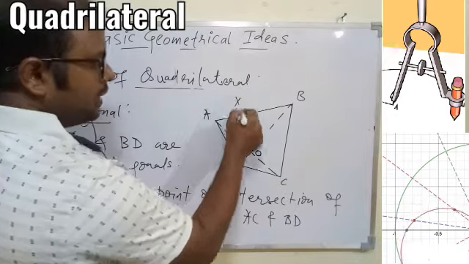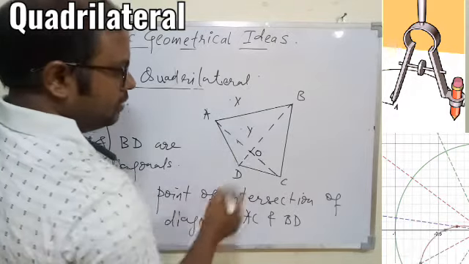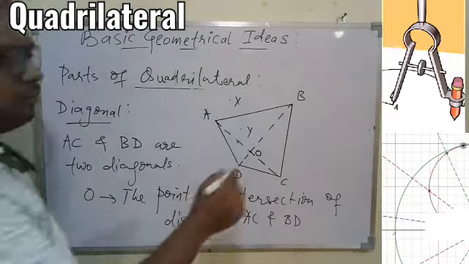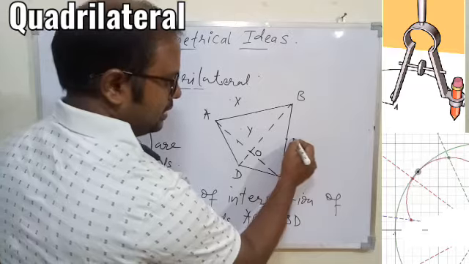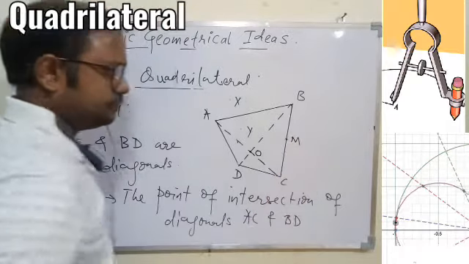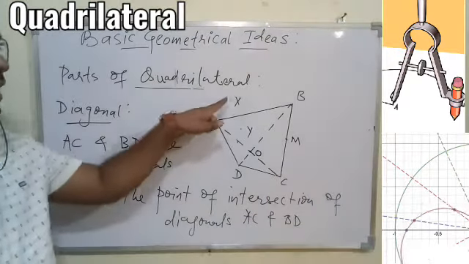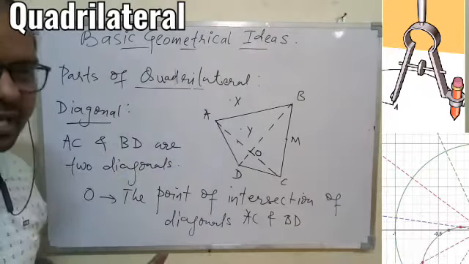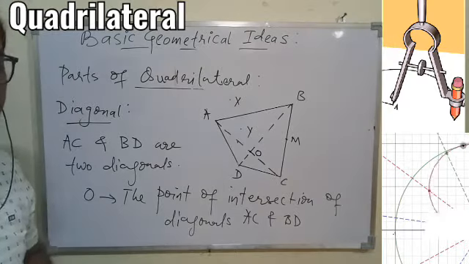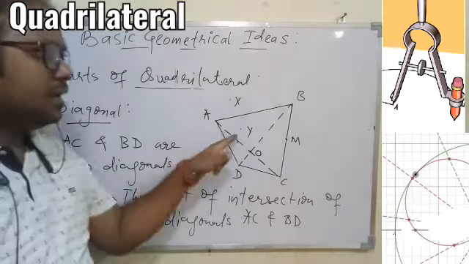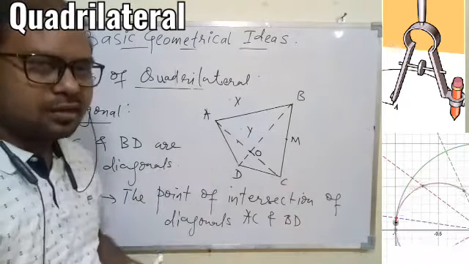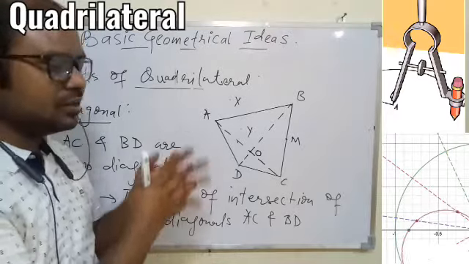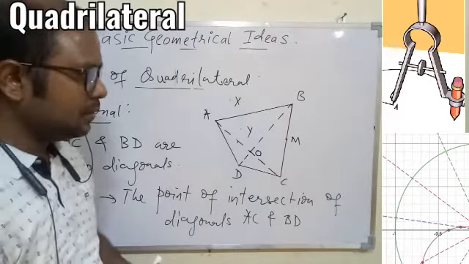If I make any point X, any point Y, and any point, let it be M. So we understood point X is in the exterior of quadrilateral ABCD. Y is within the quadrilateral, so it is in the interior of the quadrilateral.